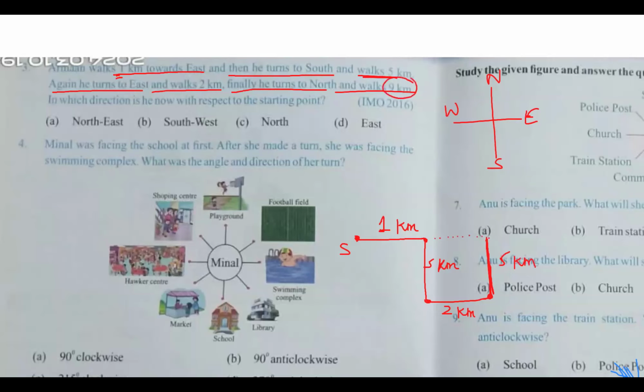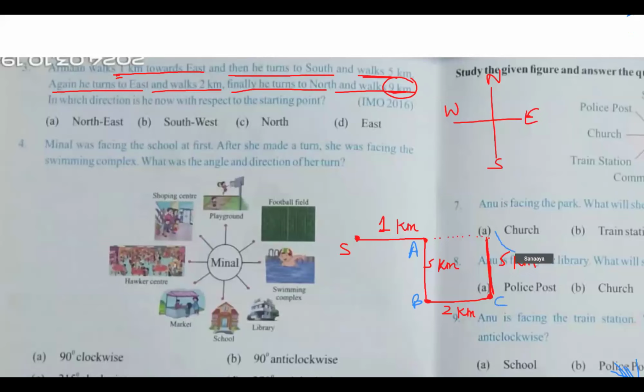Not 13. Total he has to cover 9 kilometers. So if we name these points separately, let us say that this is S. Let us say this is A point, this is B point, this is C point.